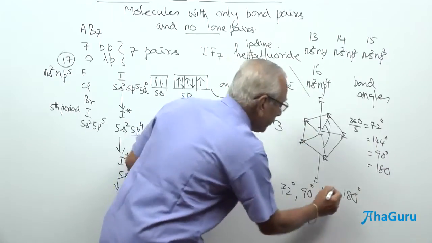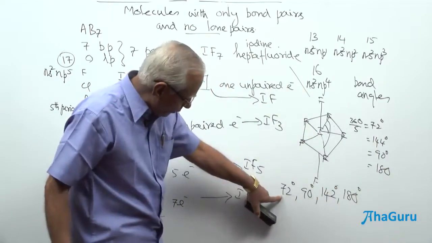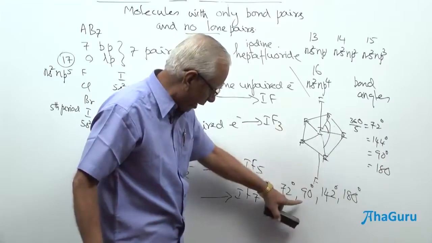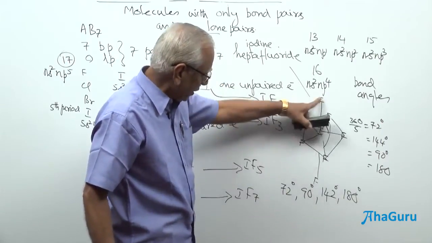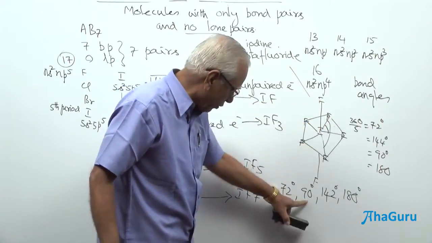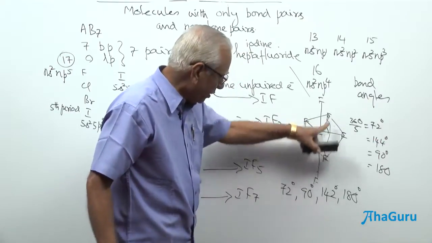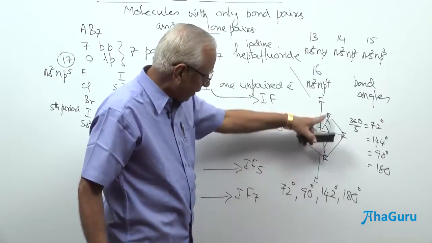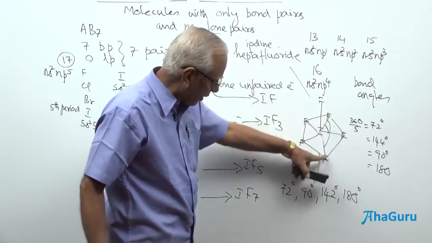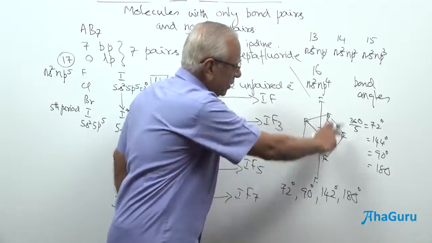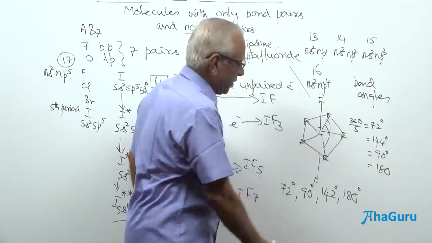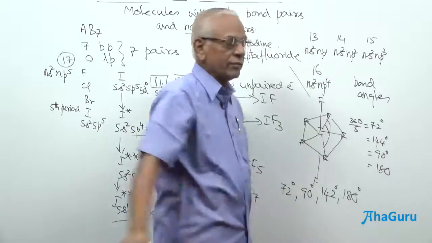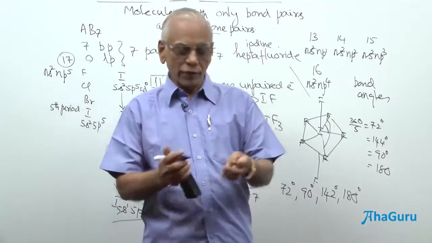Are you able to identify these bond angles? 72 between any 2 adjacent fluorine atoms along the plane, 90 between the axial fluorine and equatorial fluorine, 144 between the first and the third fluorine atoms along the plane, and 180 is the bond angle between 2 axial fluorine atoms.